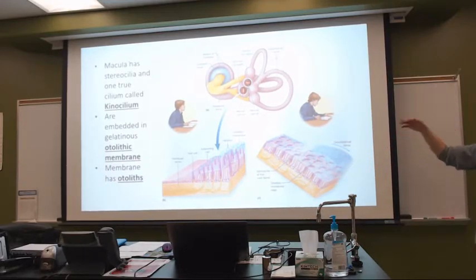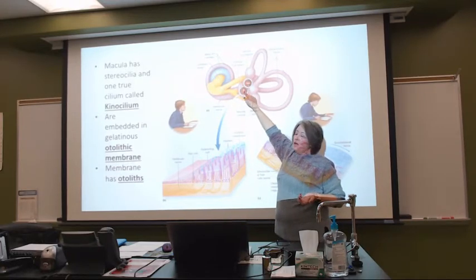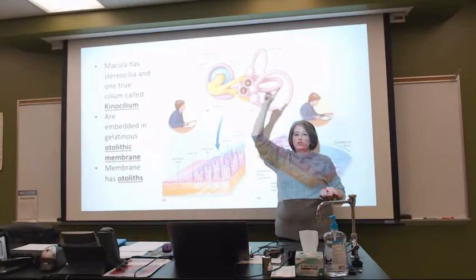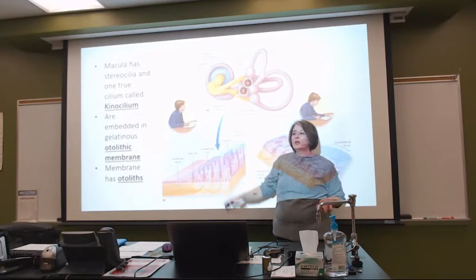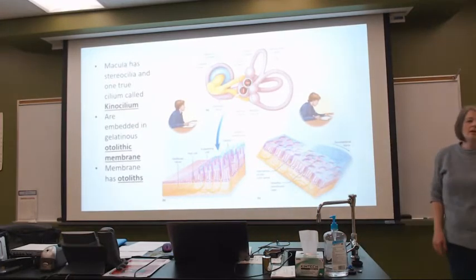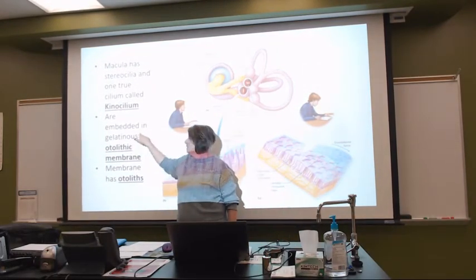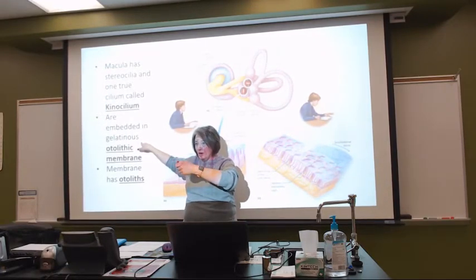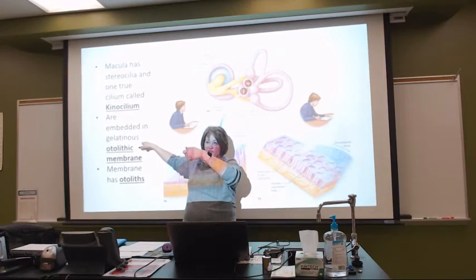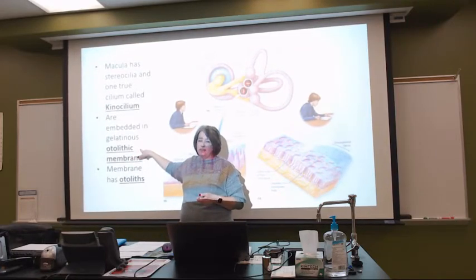So we're now looking at, they still term those little cells stereocilia, but each one is going to have a true cilium, and they call that kinocilium. But in the grand scheme of things, once again, we are in a gelatinous material. Once again, think about Jello that's thawed out, and we call it otolithic.